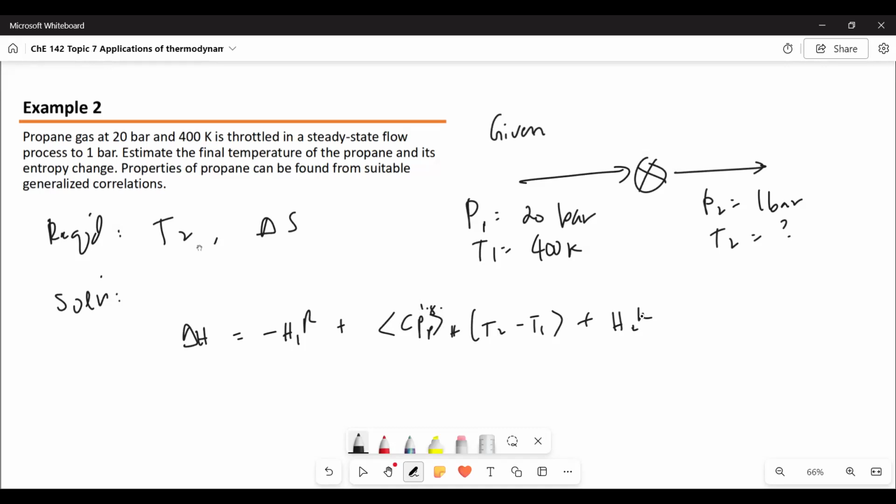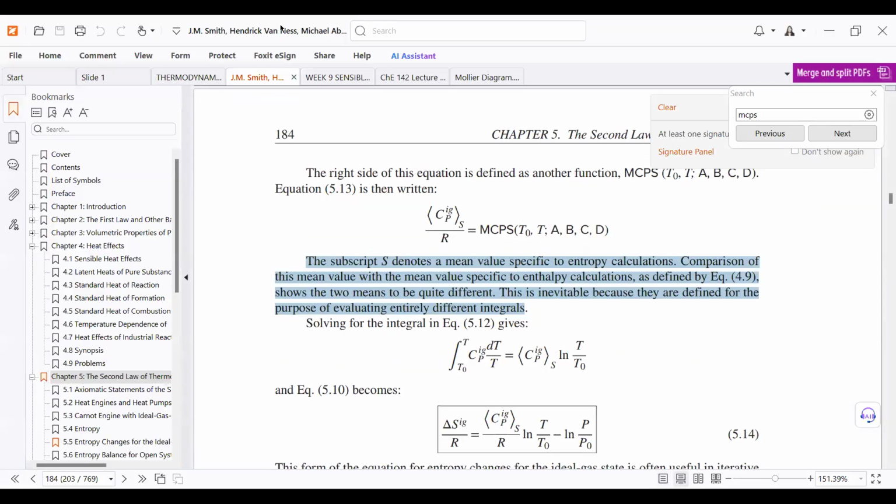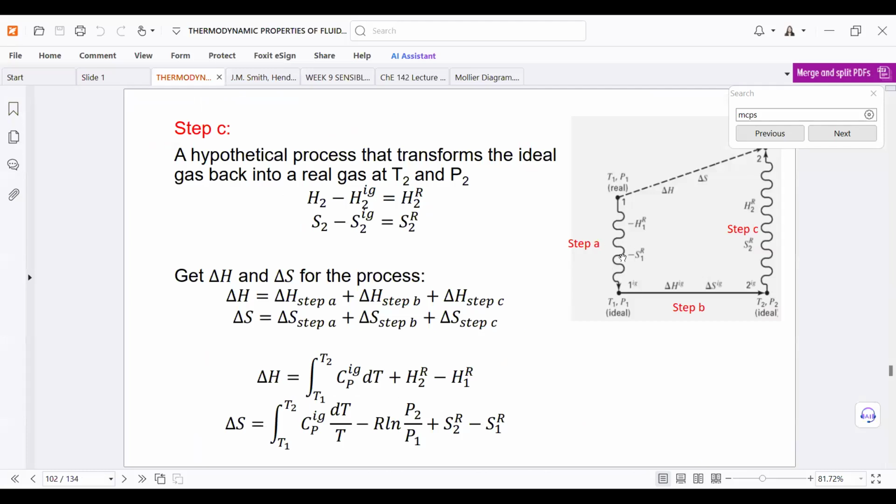So again, why is this our equation? Going back to the previous lecture, we made a hypothetical path from the real gas to the ideal gas. We allowed the process to happen as an ideal gas.